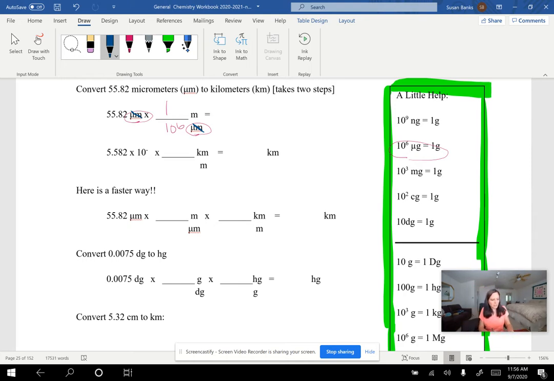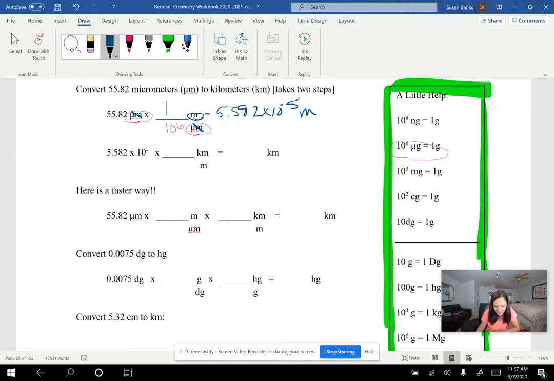So I'm going to put in enter, and that will give me 5.582 times 10 to the negative 5th. And the unit I have left is meters.